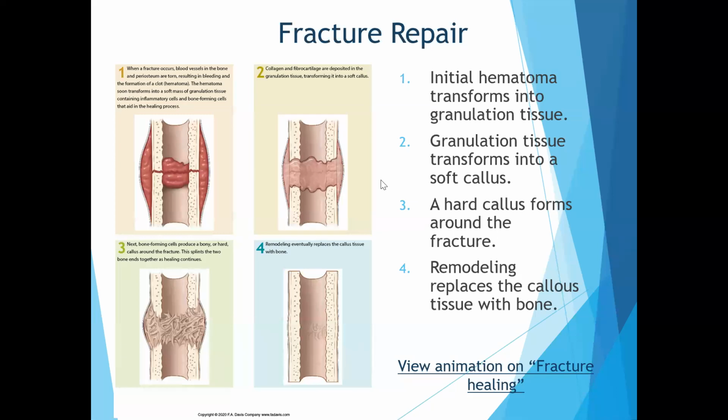All right, so what you do really need to know is how a fracture is repaired. We're going to go step by step here. When you first get that break, you get bleeding. The blood vessels in the bone and the periosteum are all torn, and it starts bleeding. You start forming a clot or a hematoma, and that starts our healing process. That has all the inflammatory and other cells to start our healing process.